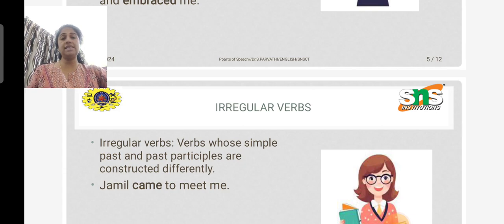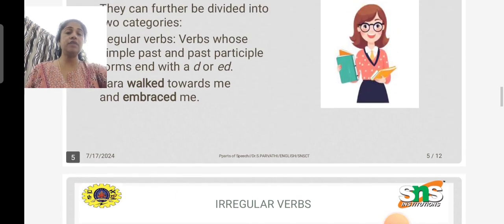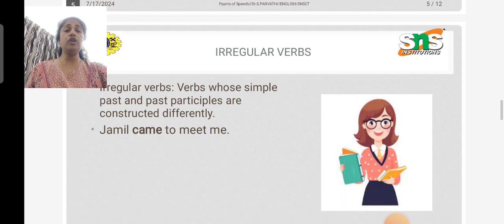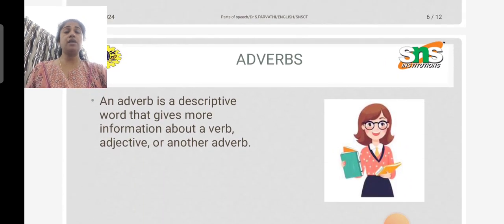Look at this, your verb is 'come'. When it turns into past tense, it is 'came', right? So this is constructed in a different way. This is called irregular verbs. You should understand what regular verbs and irregular verbs are.